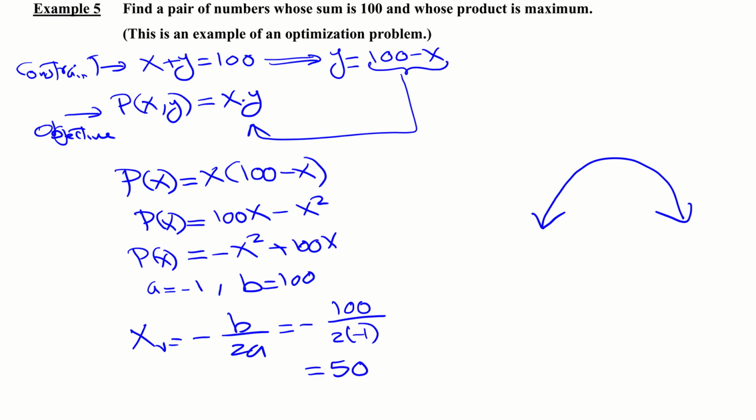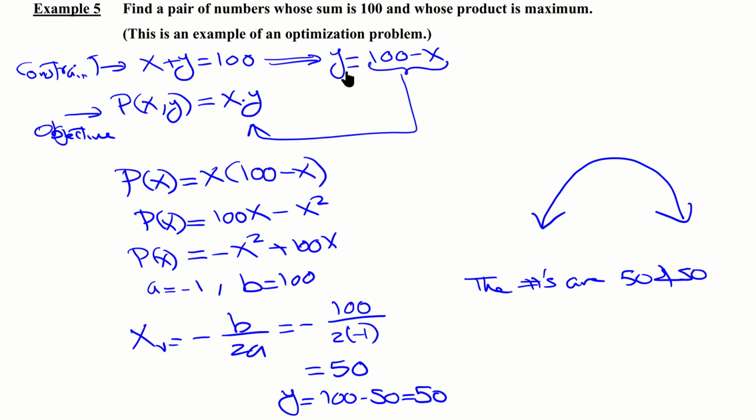Now if x is 50, that means y, notice y is 100 minus x. So y is going to be 100 minus 50, which is also 50. This is very interesting, because what we've just found is that the numbers are 50 and 50.